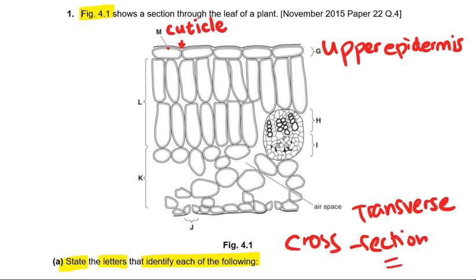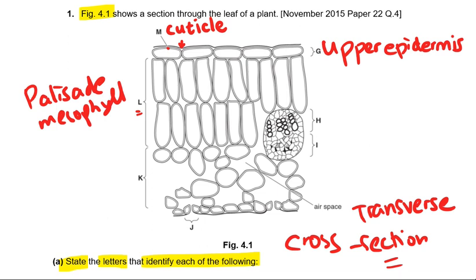You have these long-ish looking cells, and we call it L here, and that is the palisade mesophyll, and K refers to the spongy.